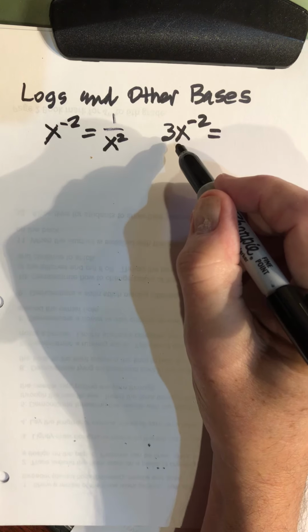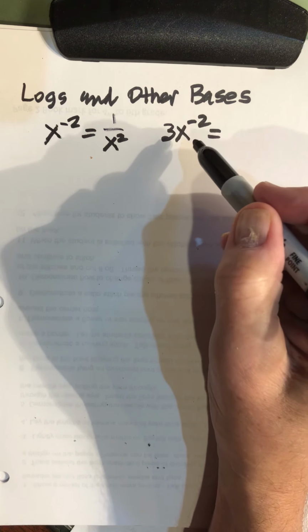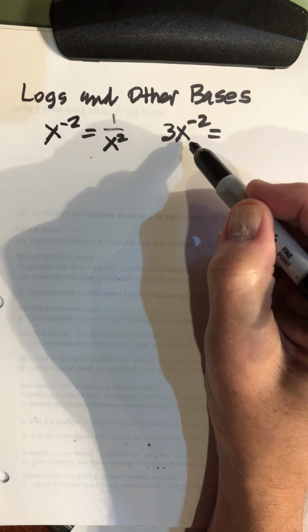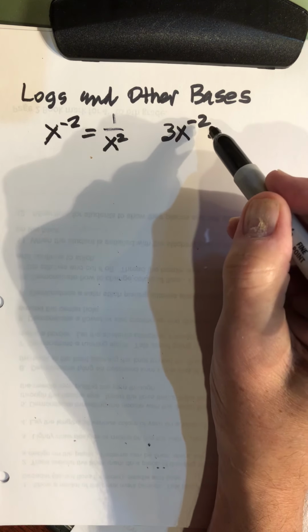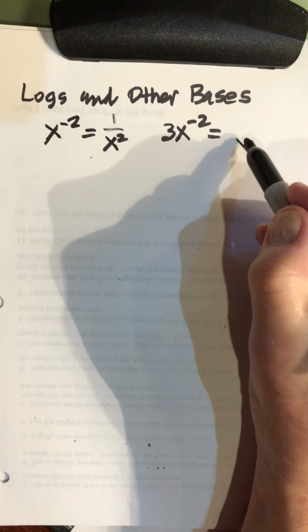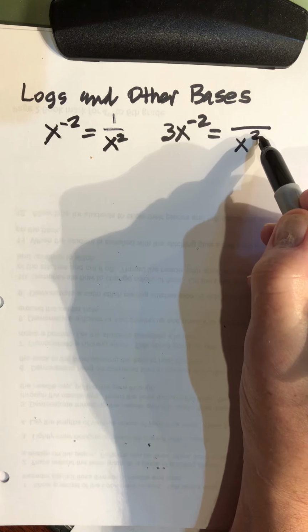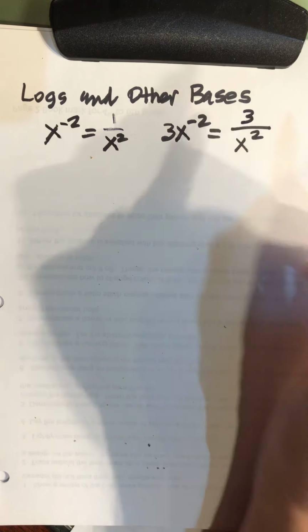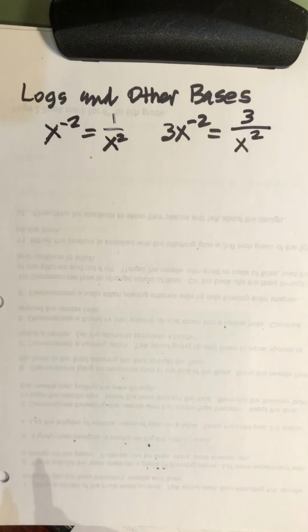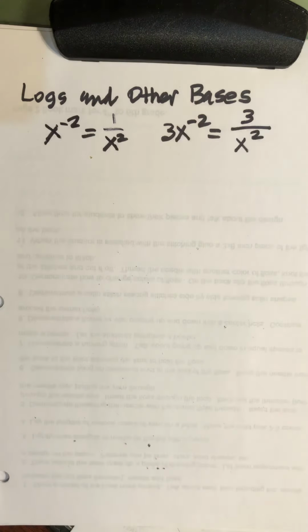Well, in this case, it's only the base of the negative exponent that gets moved to the other side of the division line. So the x to the negative 2 becomes x squared in the denominator. Notice that the sign changes to positive, but the 3 is not impacted by a negative exponent, therefore it stays on top.